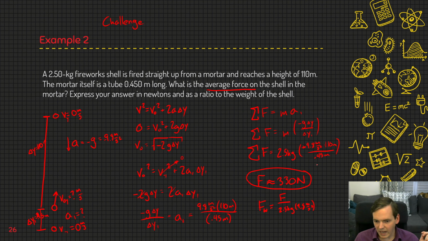If we look back, the force as a ratio of the weight will equal 110 meters over 0.45 meters times Fg, because we're dividing out the 2.5 and the 9.8. So that's where we get this ratio if you look up above. Again, this is more challenging than you necessarily expected to do right off the bat, but it's a good example of how we can combine all this together.